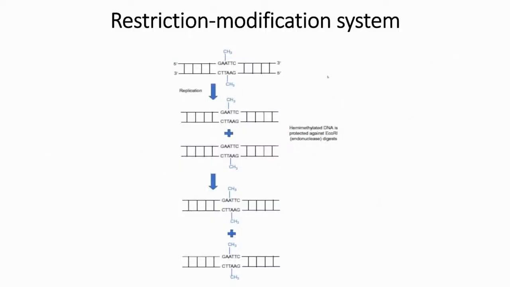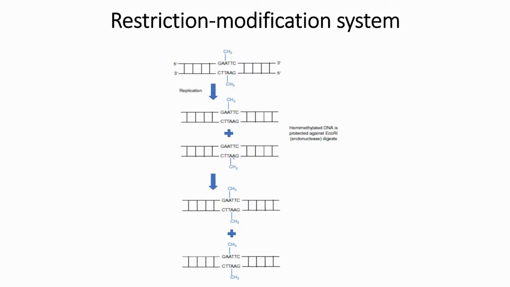And the restriction modification system, as I mentioned earlier, is how the bacterial cell recognizes which DNA is the host DNA and which one is the foreign DNA. So here you can see after replication, this A becomes methylated.